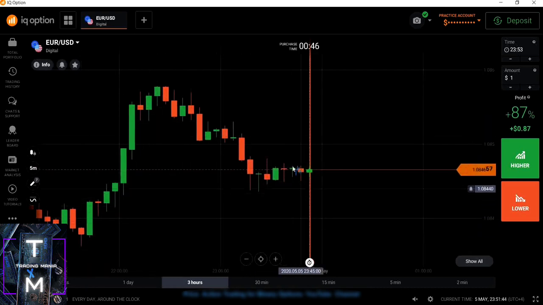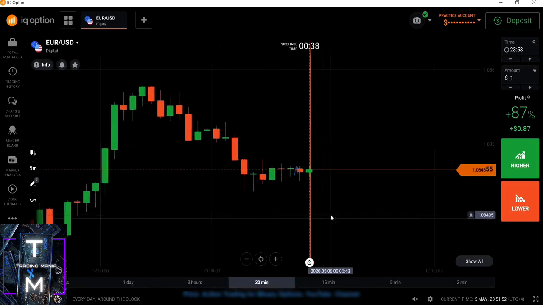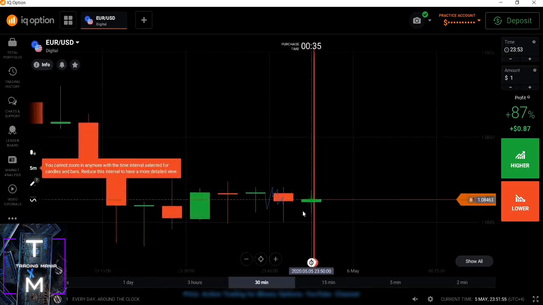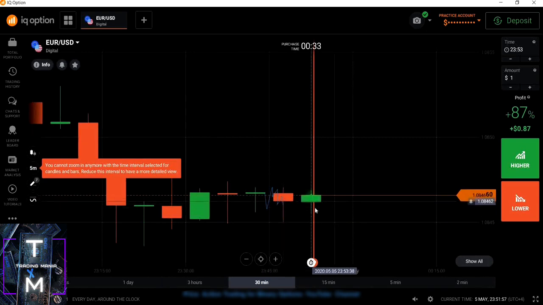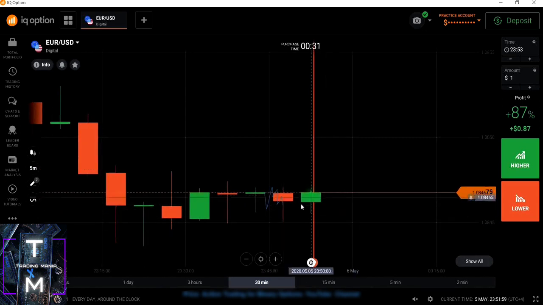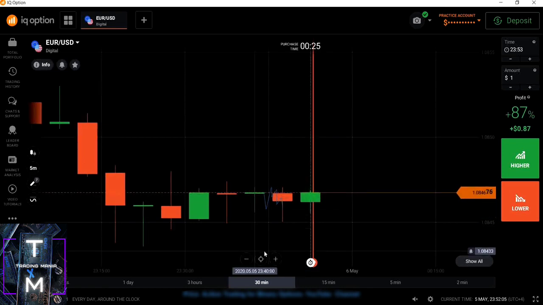You will understand this later in the later sessions, but you have to start noticing the spot of the candle, where it is forming, because that's very important.